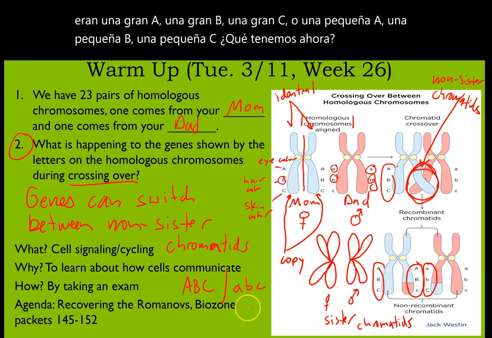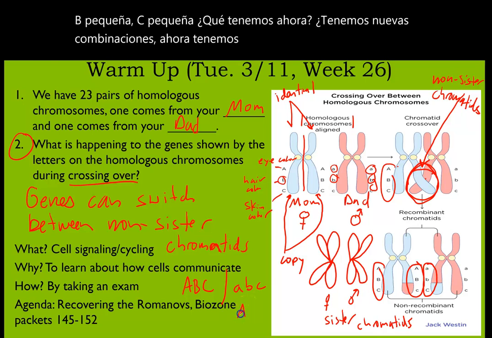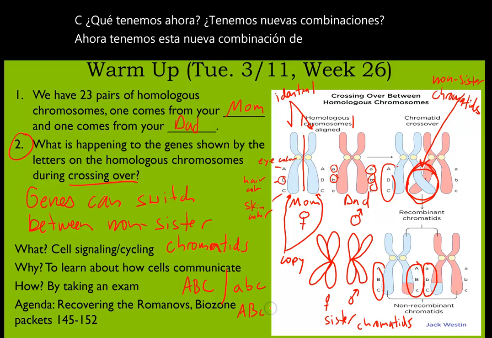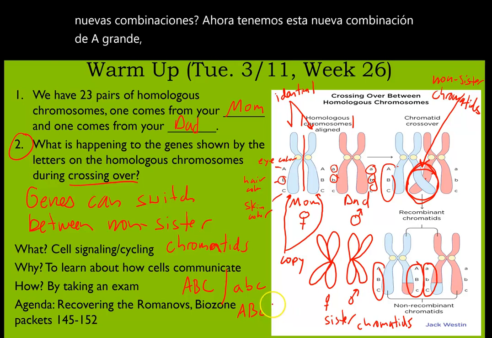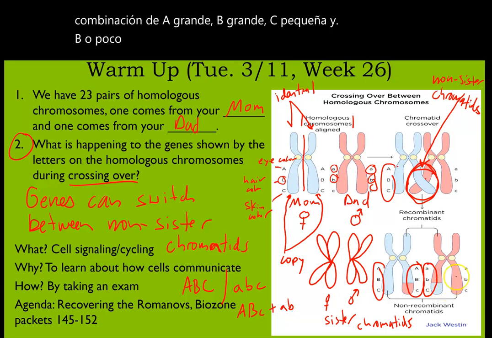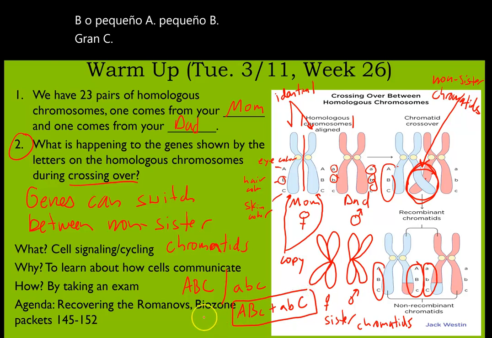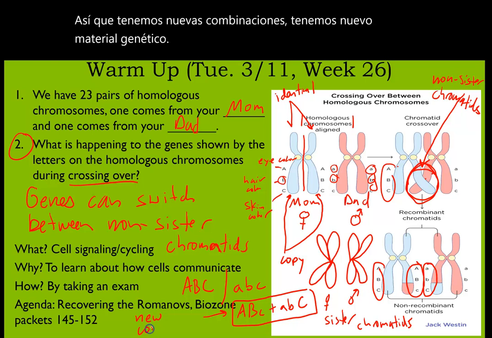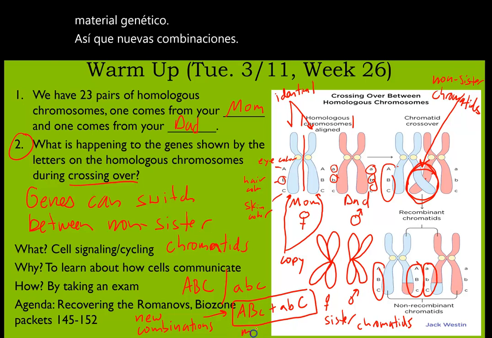Now we have this new combination of big A, big B, little c, and little a, little b, big C. So we have new combinations. We have new genetic material. So new combinations, more diversity.